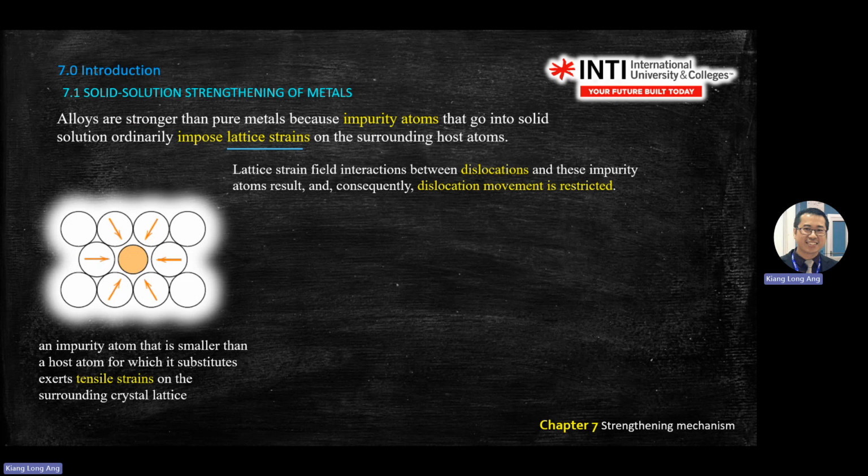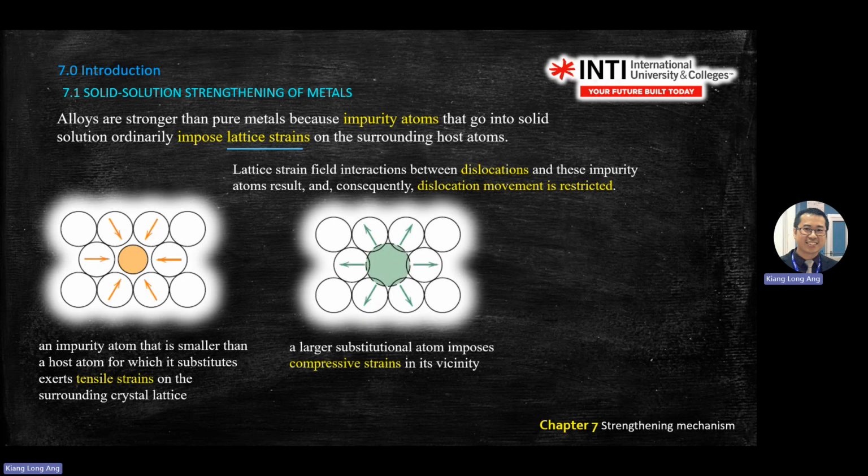When you push, it compresses all the surrounding host. So it becomes compressive strain, or compressed strain. Okay, so this is the one that I drew on the whiteboard just now. You should be able to identify what case is the left-hand side, what case is the green color case. Okay, so this is quite direct.